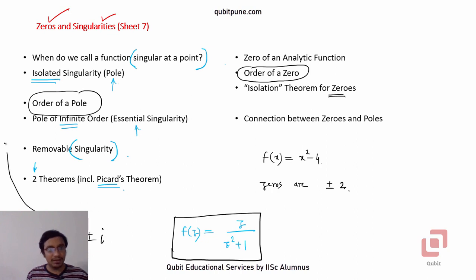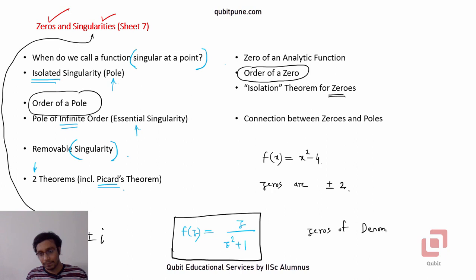So these are singularities of the function, and these also are the zeros of the denominator. So these are closely connected to each other, the zeros and the singularities. And we also have a theorem for that.